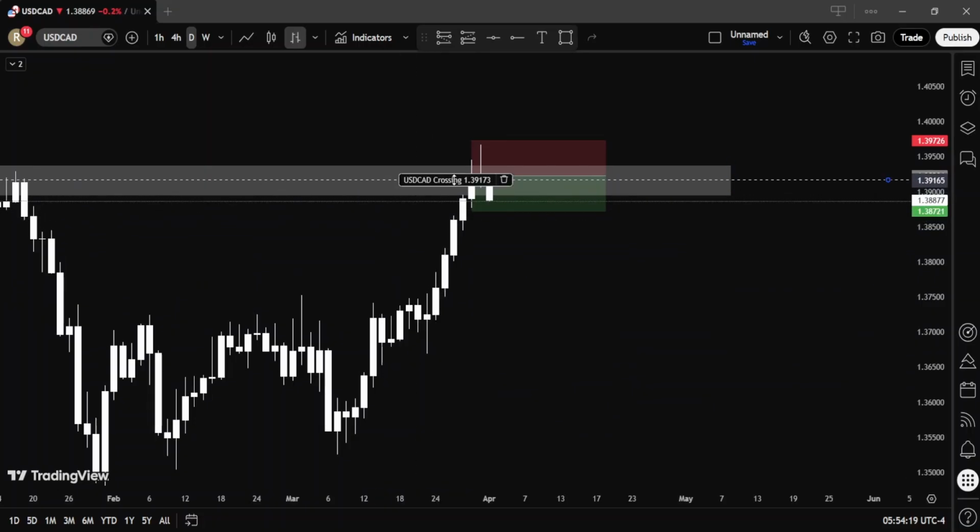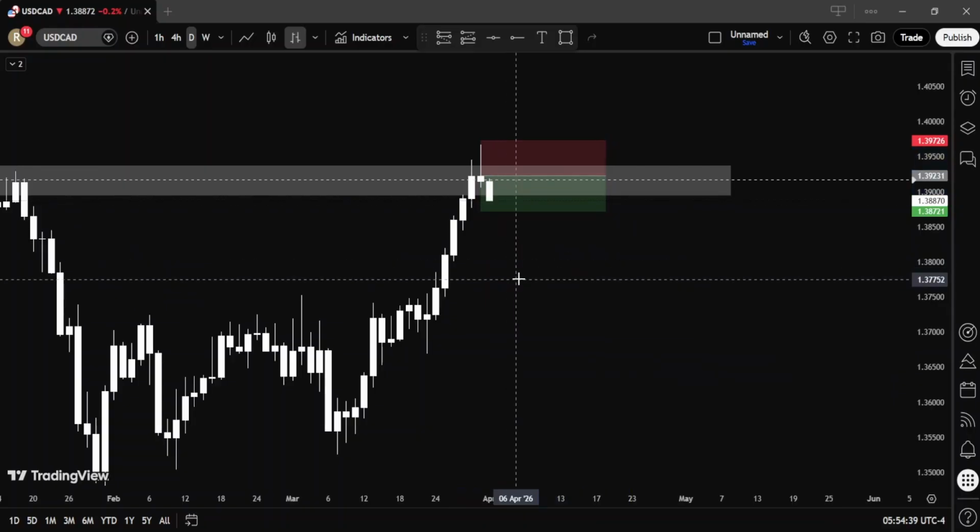I could take it immediately as well, but I like to see that it actually starts to reject. And that's what it did here. It started to reject. The day closed, and actually I opened it about here, I think, on this day.